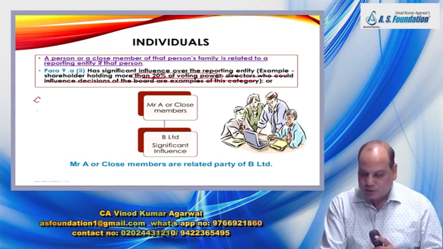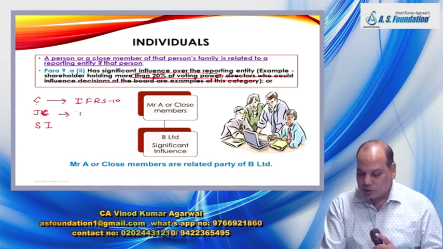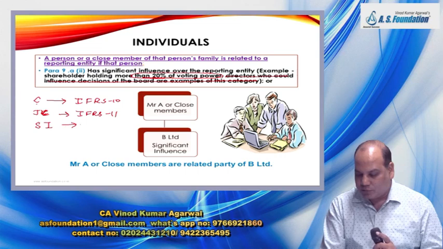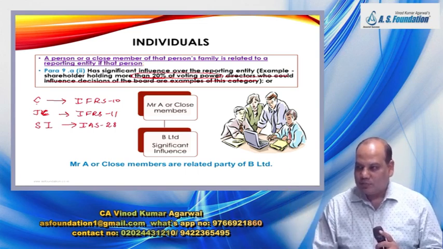Now this paragraph will come again, but right now understand this standard says for the definition of control refer IFRS 10. For the definition of joint control refer IFRS 11. And for the definition of significant influence you refer IAS 28. Don't come to me, already defined.